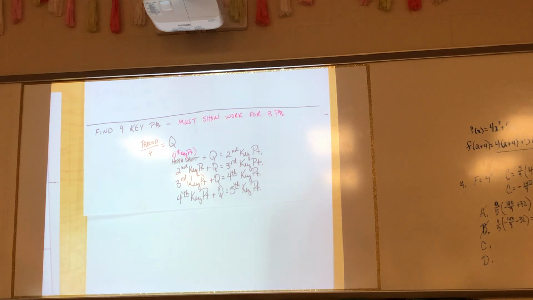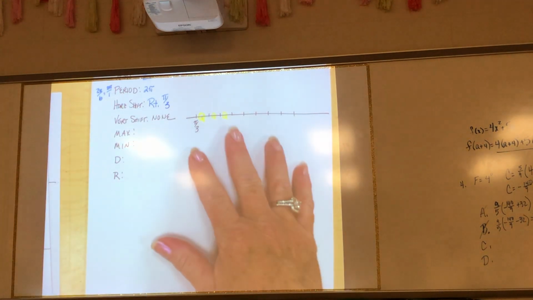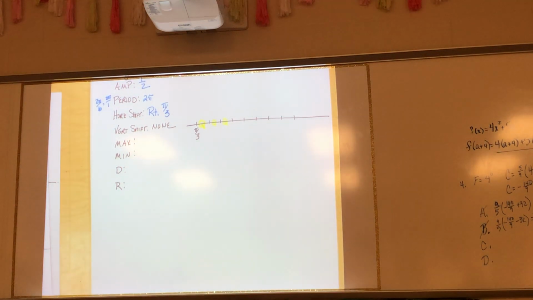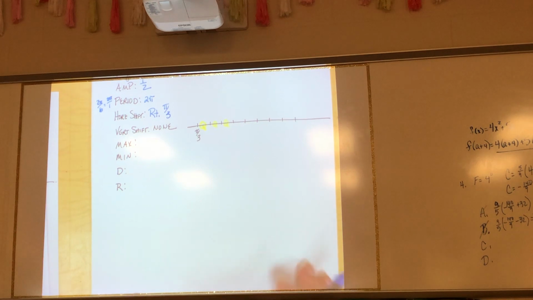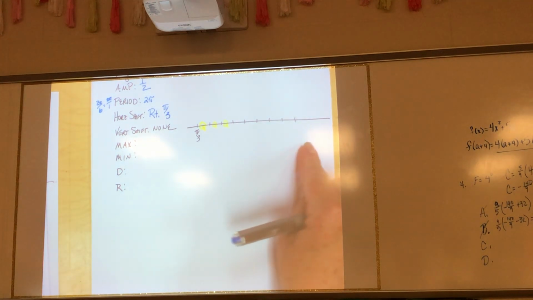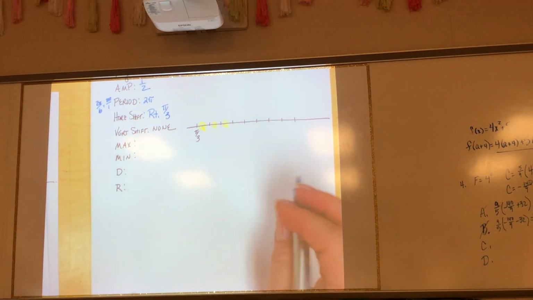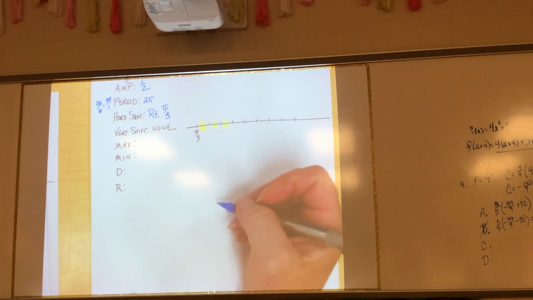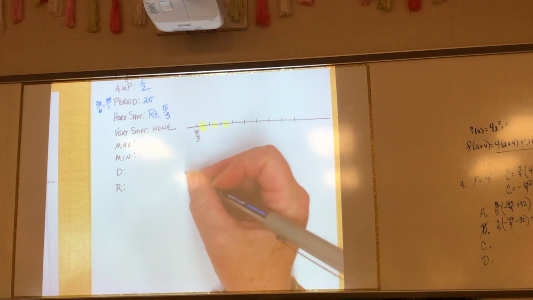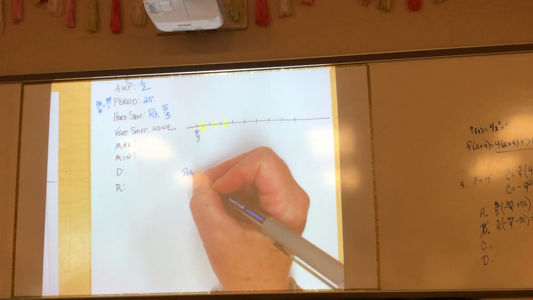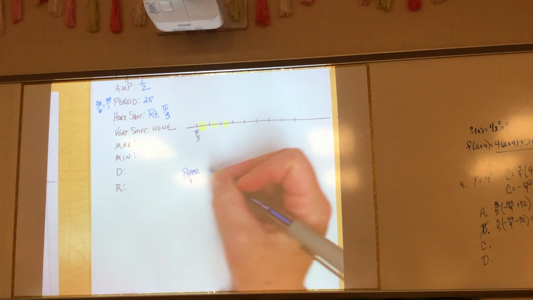Okay, is everybody okay? Can I move it? All right. So let's go over here and let's find our key points. Let's find, however, we're 9 key points. So the first one, what do we have to do first? Divide 2 pi by 4.